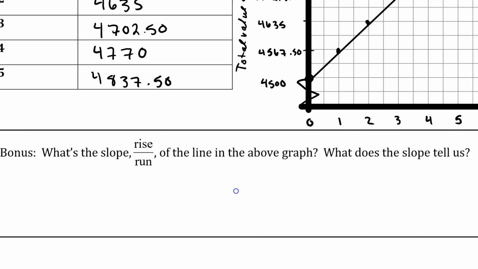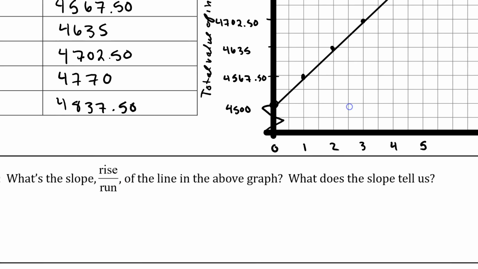So let's get a little nerdy here. What's the slope of the graph? Remember, the slope is the rise over the run. If we just look at it visually, I'm not going to get mathematical with the formulas, but we're running 1 and we're rising what to get to this point? The run is going to be 1 because we're moving 1 in the x direction, from here to here.